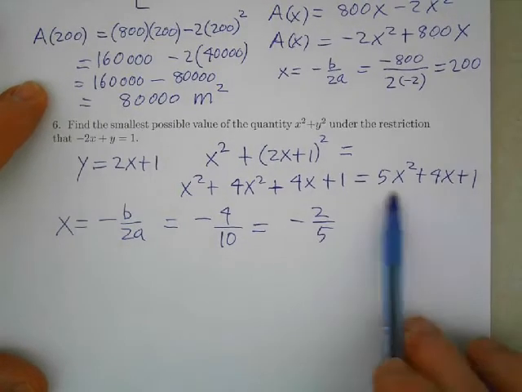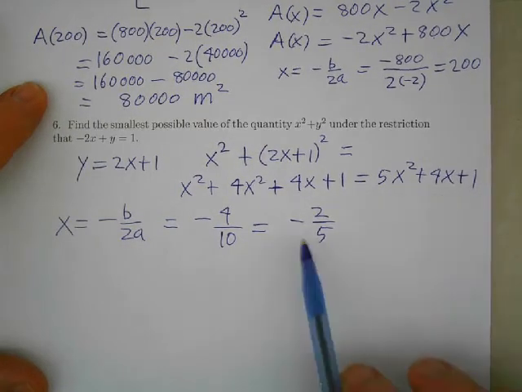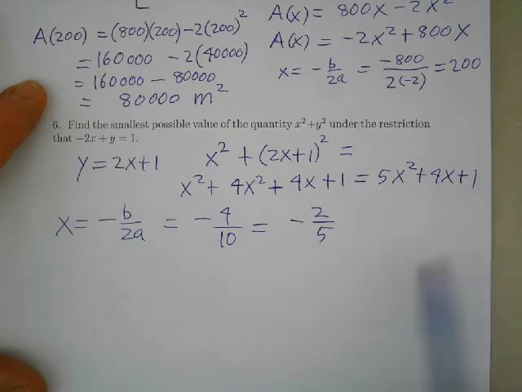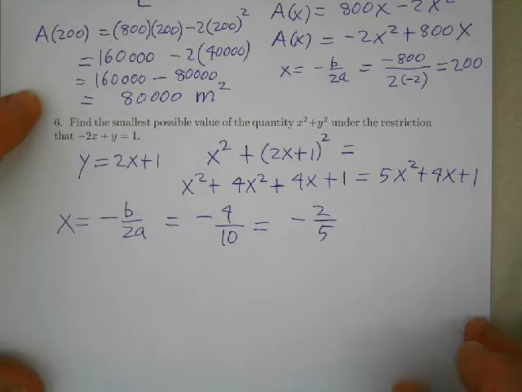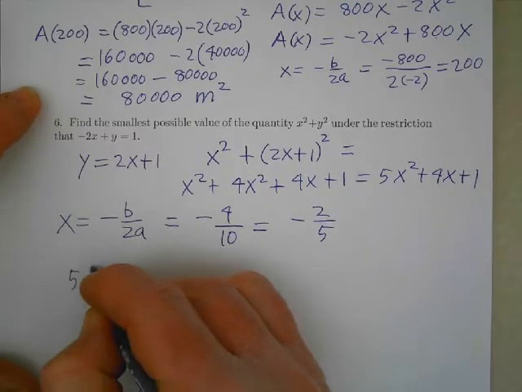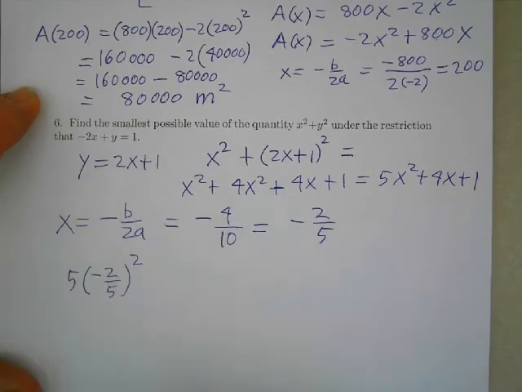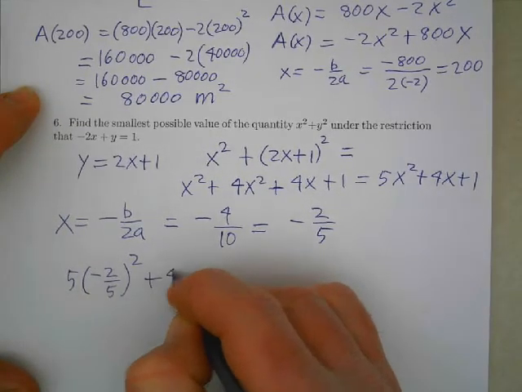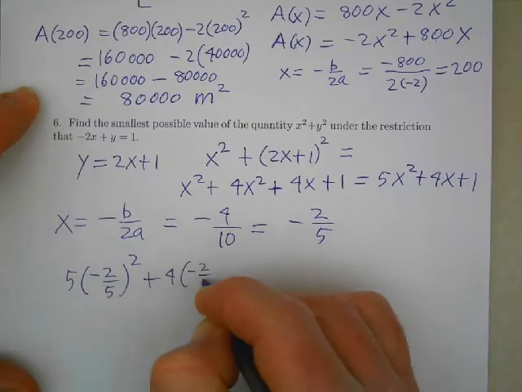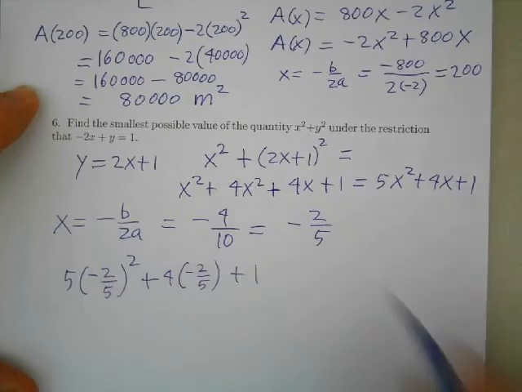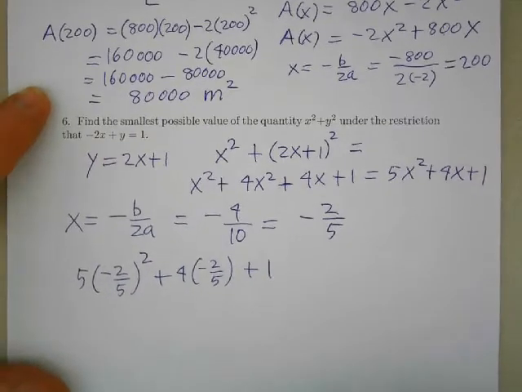Okay, so if we evaluate this expression at negative 2/5, that output will give us the smallest possible value of that expression. So we'll replace every x with negative 2/5. So we have 5 times the number negative 2/5 squared plus 4 times negative 2/5 plus 1.